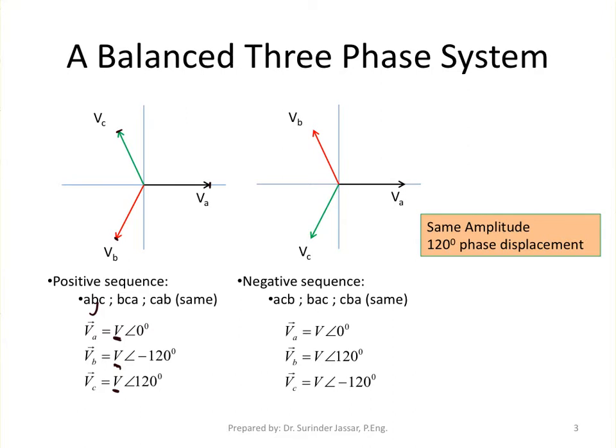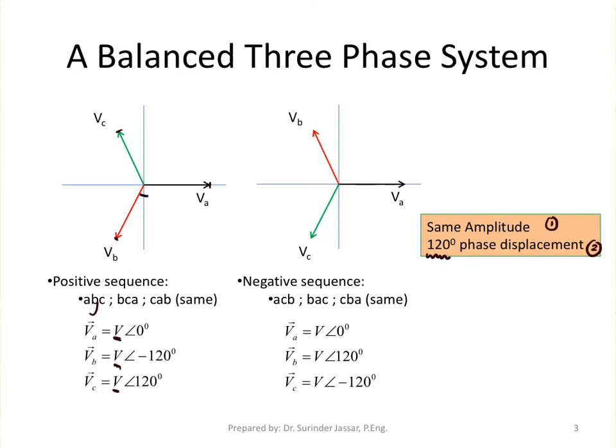The other thing you see in a three-phase balanced system is the phase displacement. One was the same amplitude, second is the phase displacement of equal amount, and that equal amount is 120 degrees.